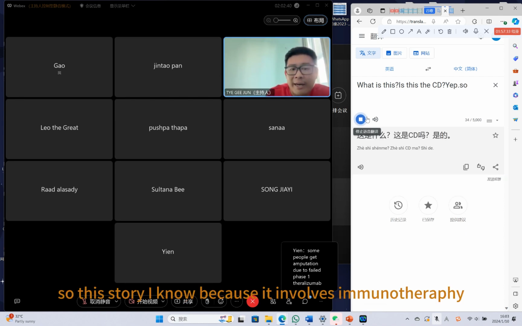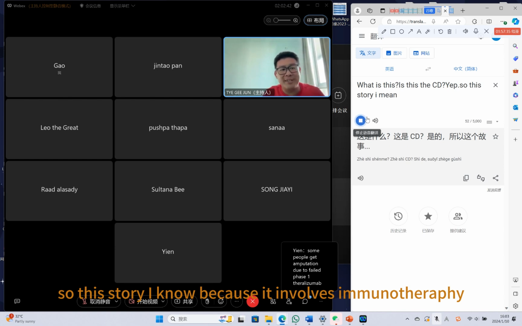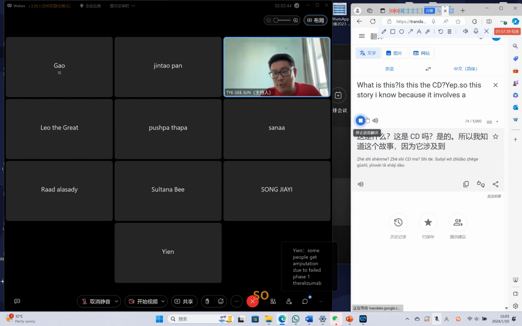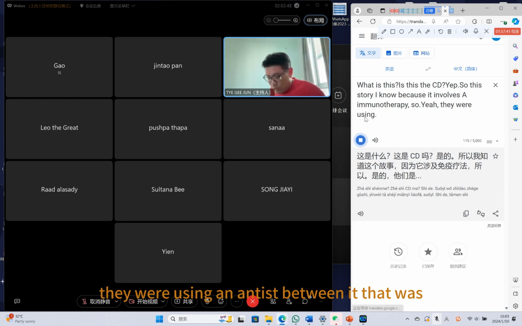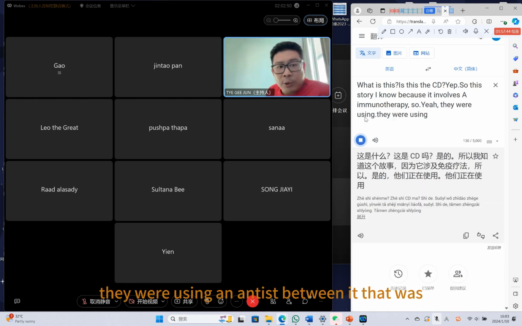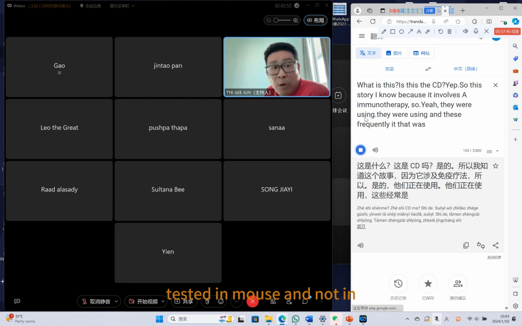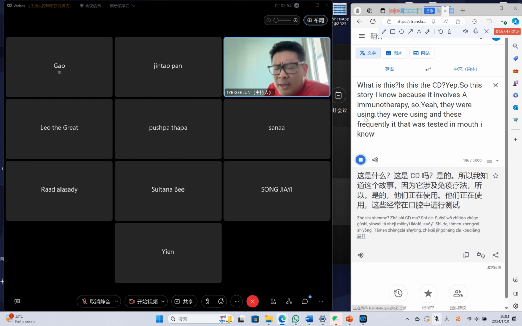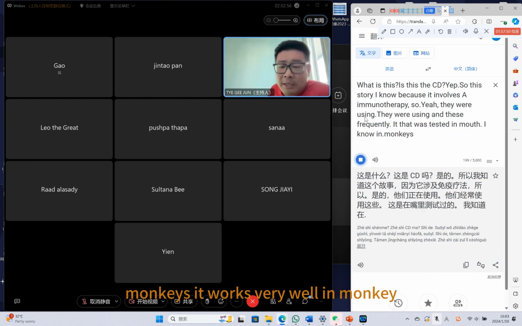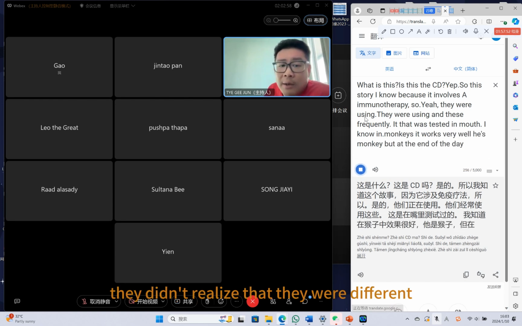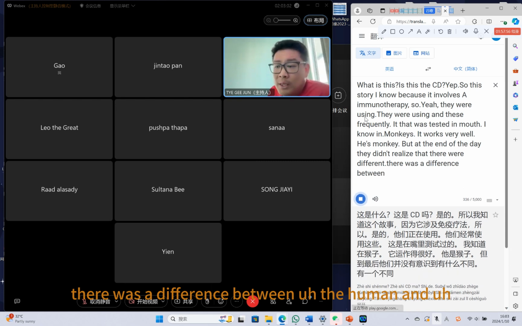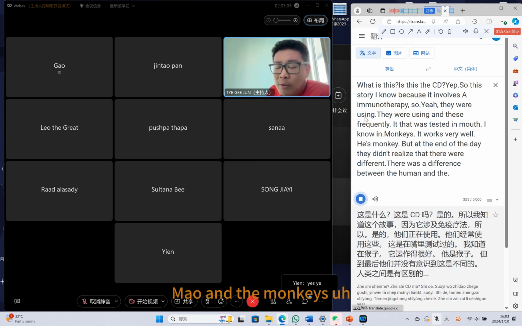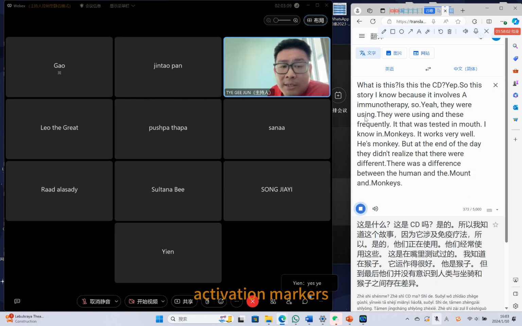This story I know, because it involves immunotherapy. They were using an anti-CD28 that was tested in mouse and in monkeys. It worked very well in monkeys, but at the end of the day, they didn't realize that there was a difference between the human and the mouse and monkey activation markers.